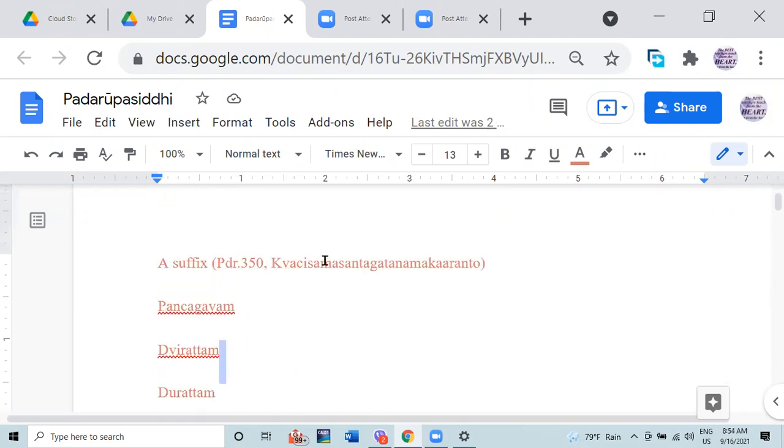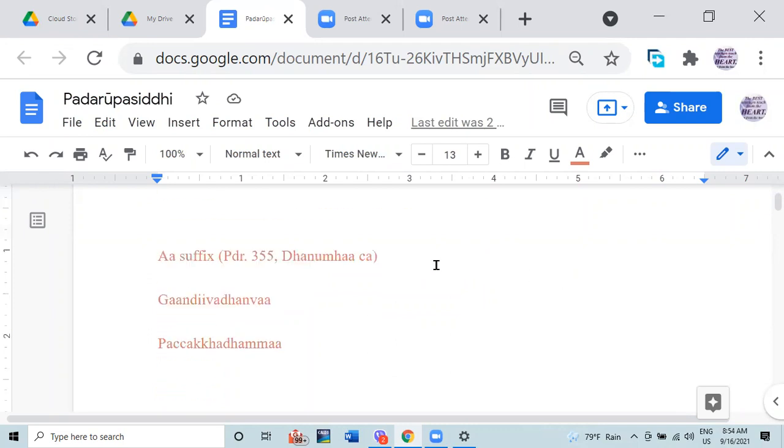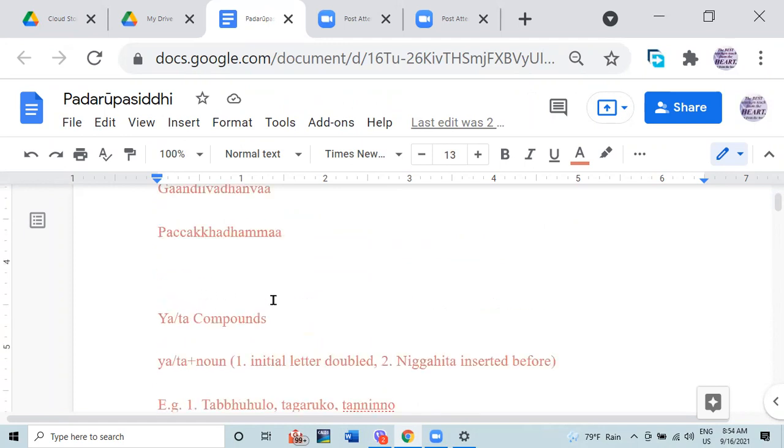But according to Kaccayana, this sutta, 350 is the number in Padarūpasiddhi. According to Kaccayana, it is not a suffix; the ending vowel of this word changes to a. So this a suffix, and here a suffix, and here the ka suffix.